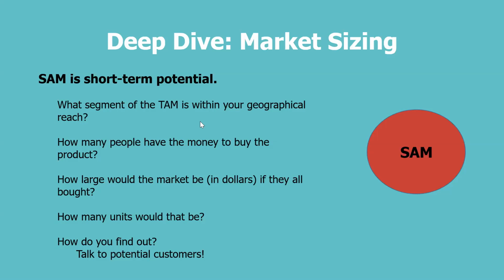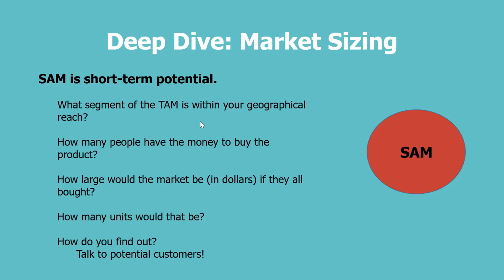If you're a premium price product, something very expensive, there could be some geographical factors in play and places you would launch before others. But if you're coming in and competing on price, that's not as much of an issue. So how large would the market be in dollars if they all bought, and how many units would that be? You want to ask that for every section of your market sizing.